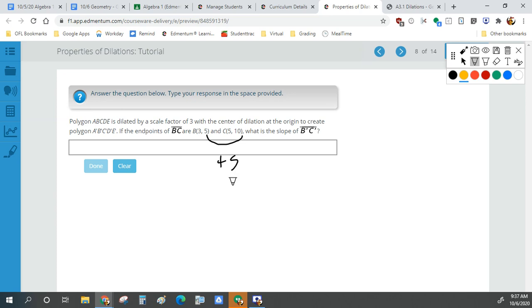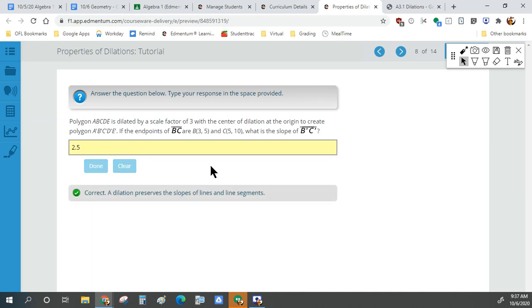If I look at my run, my x values, I'm going up by 2. So my slope is 5 over 2. That's all I'm doing. Or 2.5. I'm not sure if this is going to want the fraction or the decimal. I'm going to try the decimal first because 5 divided by 2 is 2.5. And it says it's correct.